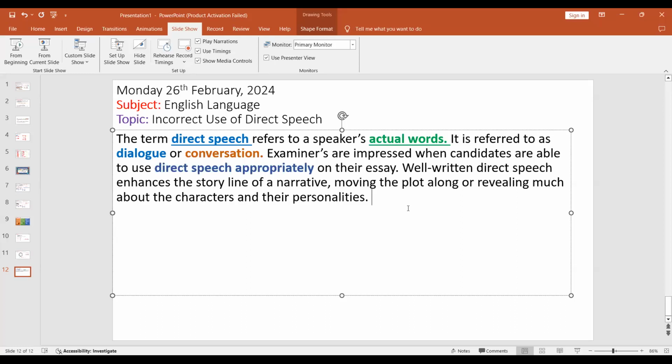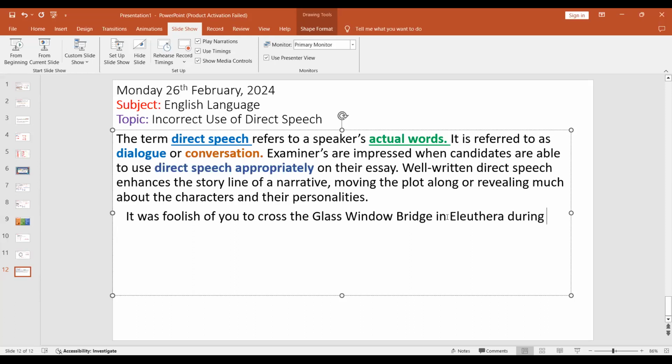Okay, so for example, this says, it was foolish of you to cross the glass window bridge in Eleuthera during the storm.